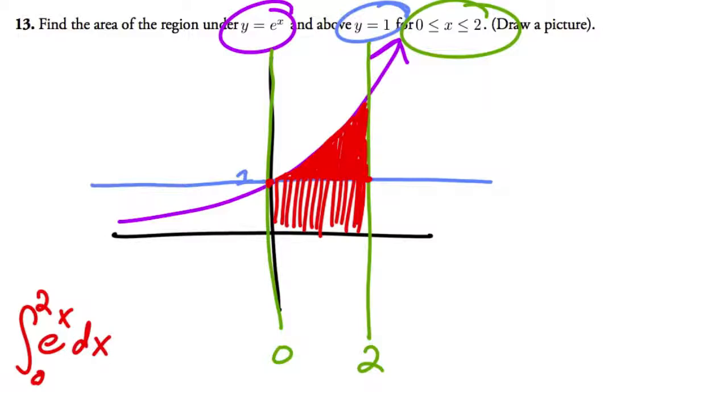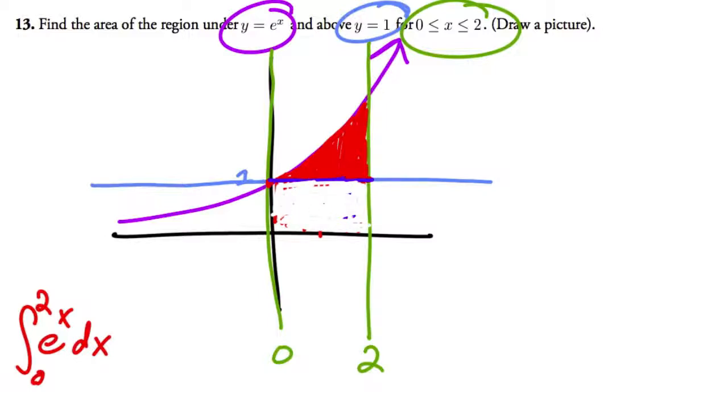You just want this one up here. If you find the area underneath y equals 1, you would get that. So instead of adding to it, why don't you just take that area away?